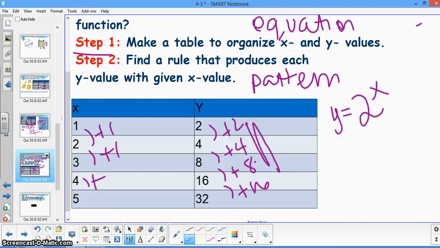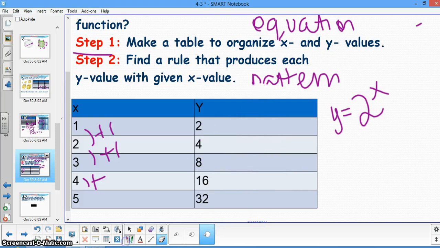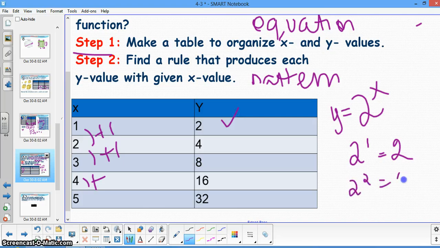So let's see if that's true. Starting with the first coordinate, 2 to the 1 power, because I'm plugging in the x values, is 2. That works. 2 to the second power, 4.